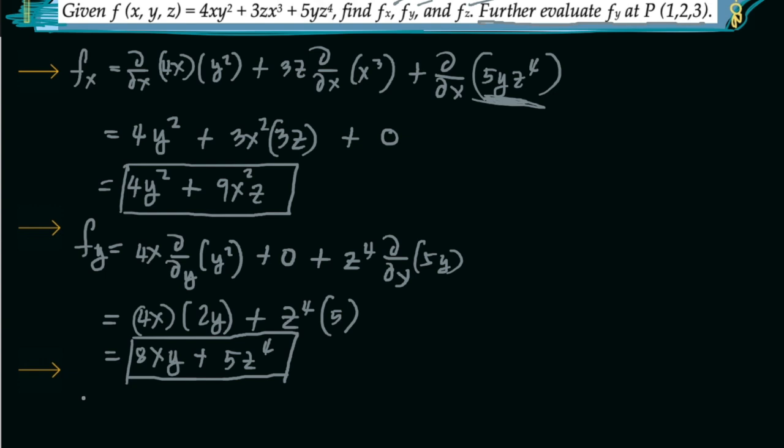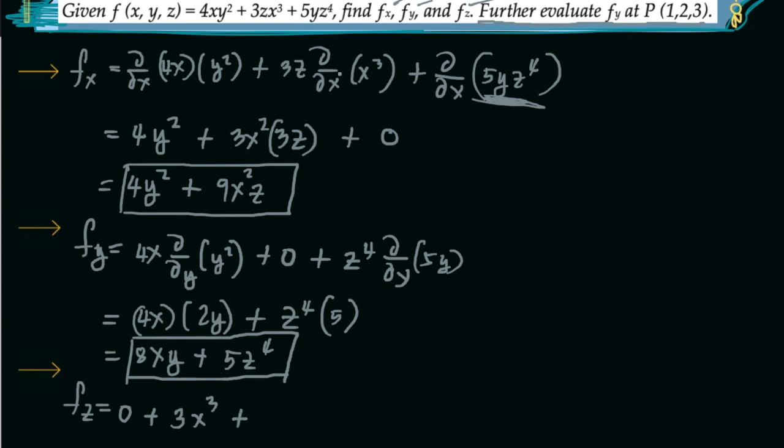Okay. Finally, for f sub z, the first expression is an expression without the z variable, so that will become a constant. So in other words, that will become 0. Plus, the second expression, we have 3zx cubed. So, z variable, that was the partial of 3z with respect to z. That will become 3x cubed. x cubed is the constant, so I will just write here x cubed.